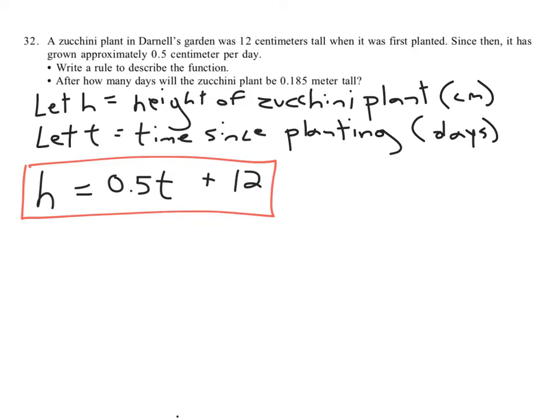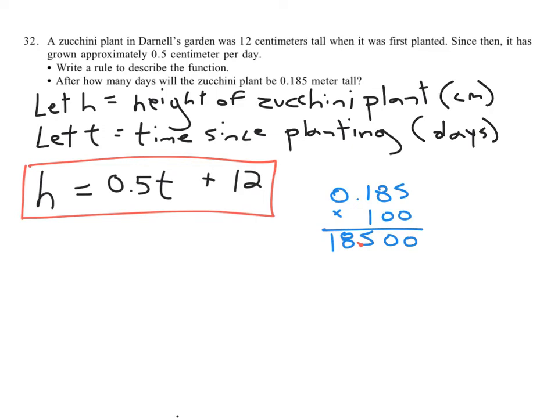So 0.185 times 100, and there are 3 digits behind the decimal, so in our answer there will be 3 digits behind the decimal. And we get 18.5. So that's equivalent to 18.5 in centimeters. Now, that's the height, and it's asking after how many days.